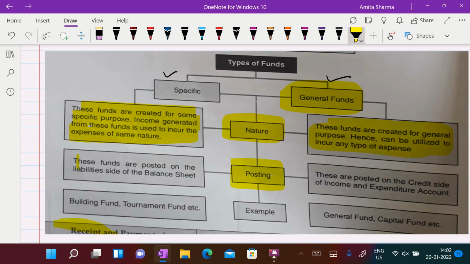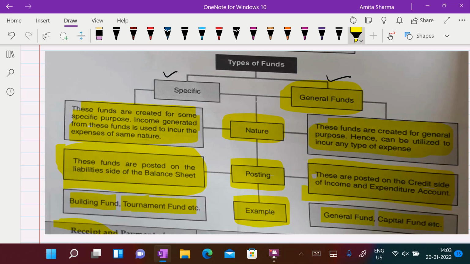We will post general fund on the liability side of the balance sheet and specific fund on the liability side of the balance sheet, and general fund is posted on the credit side of the income and expenditure account. Examples of specific funds: building fund, tournament fund, match fund, etc. Examples of general fund: general fund, capital fund, etc.